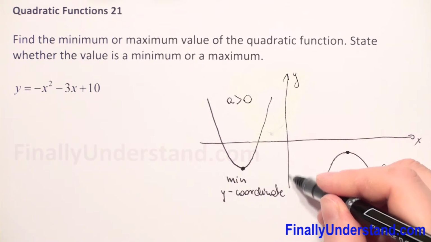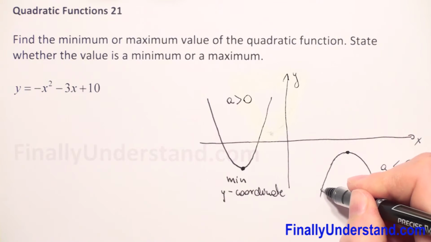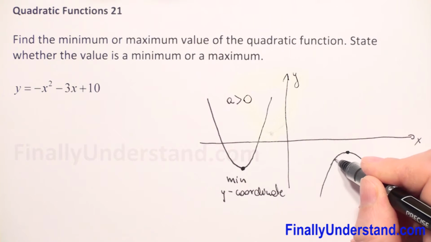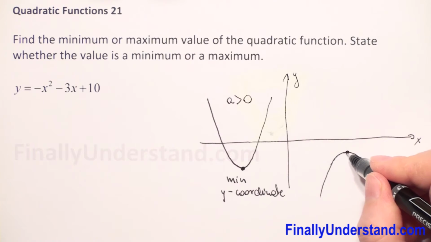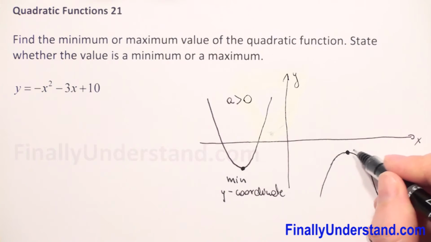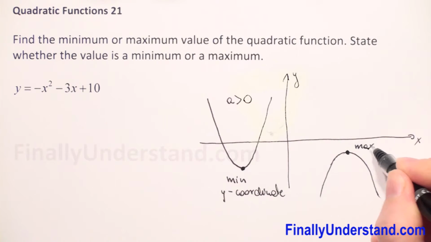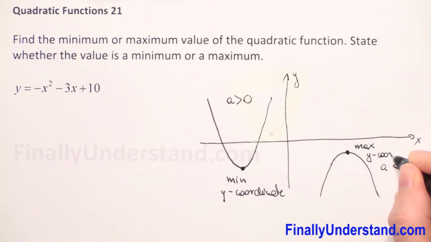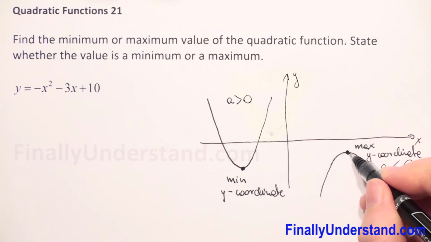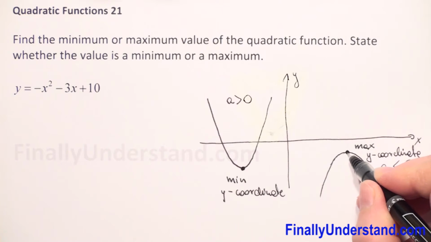We are going down to negative infinity, so the values are smaller. For this point, we have the maximum y coordinate. We don't have a greater value than the vertex.